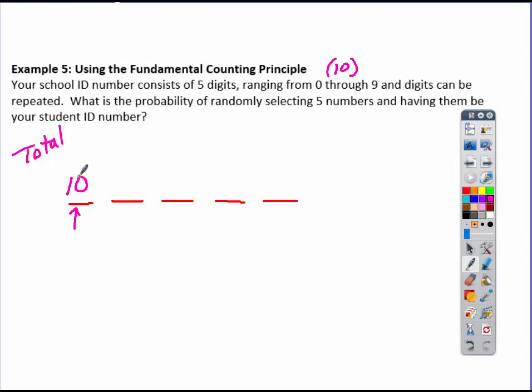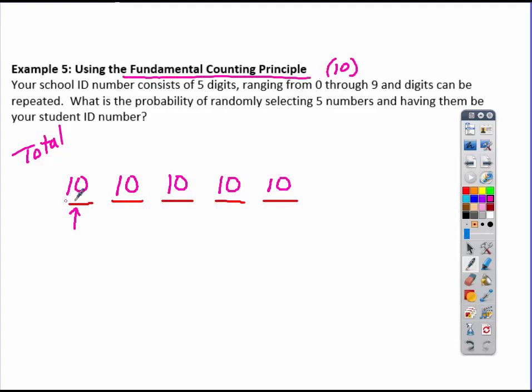Now, like I said, since they can be repeated, it doesn't matter what value goes in that first place, I have 10 that I'm able to use in the second place. The third place has another 10 that are possible. Fourth place has another 10. Fifth place has another 10. From here, I just have to use the fundamental counting principle.